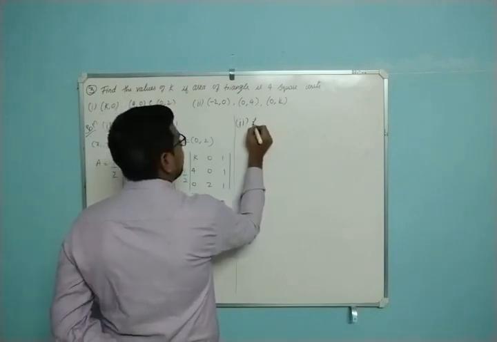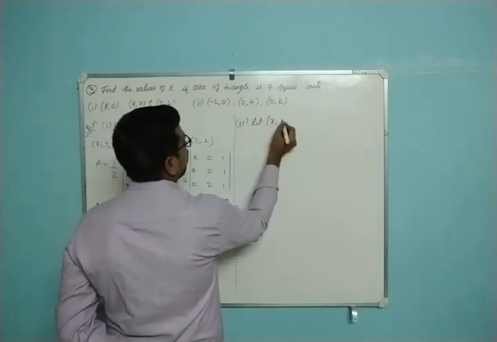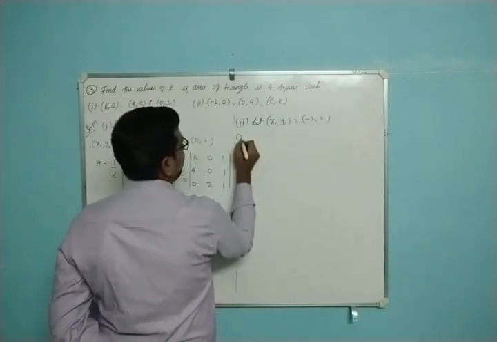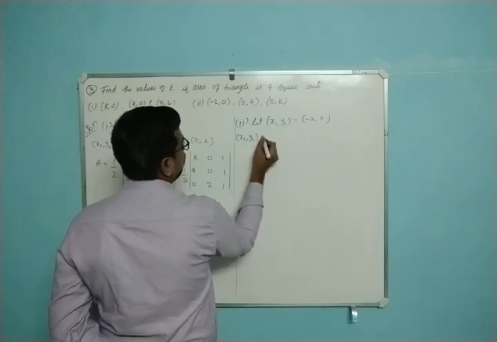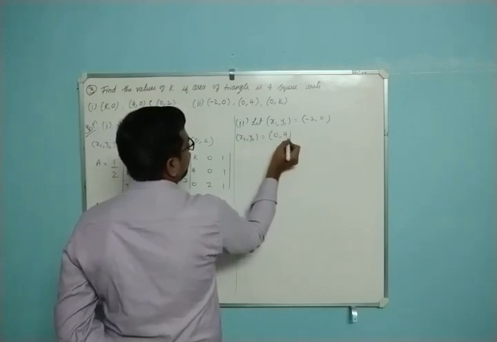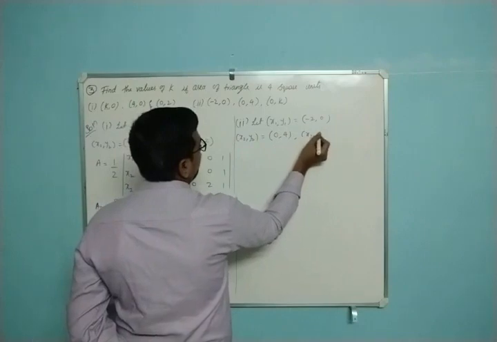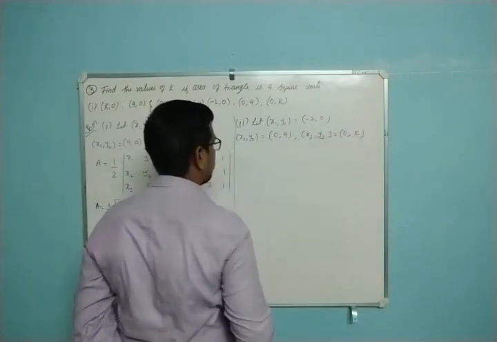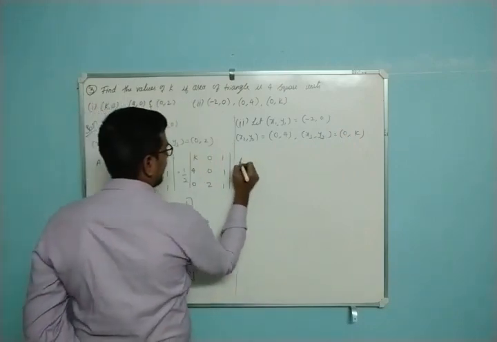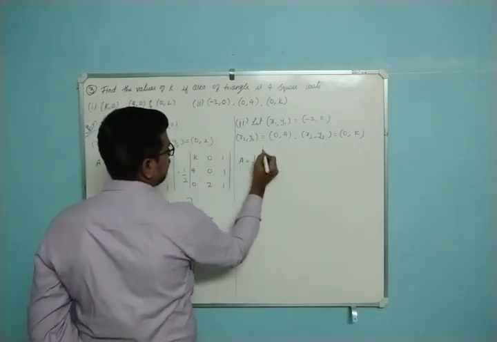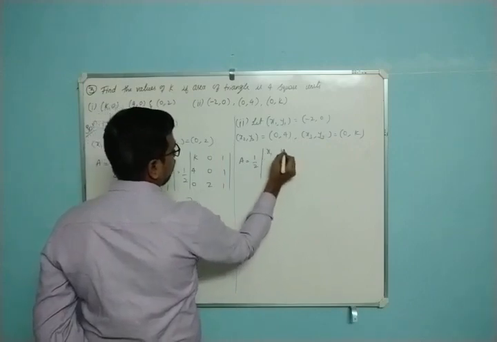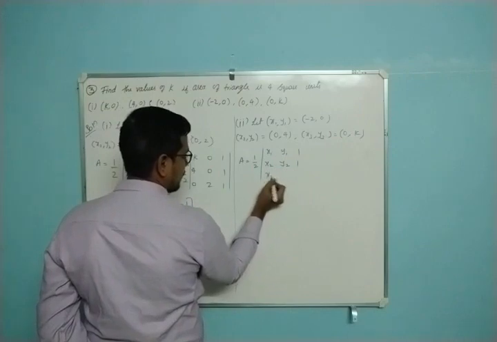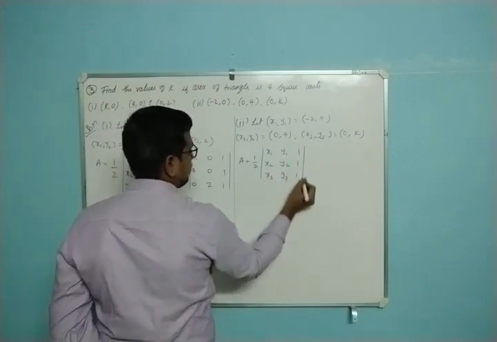Let x1, y1 is equal to minus 2, 0, x2, y2 is equal to 0, 4, x3, y3 is equal to 0, k. So the area is given by half times the determinant x1 y1 1, x2 y2 1, x3 y3 1.